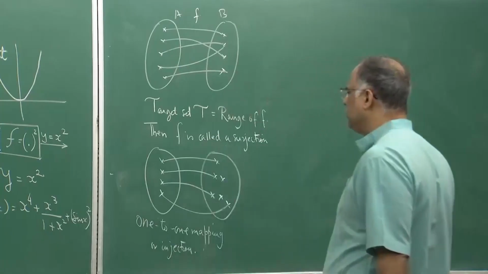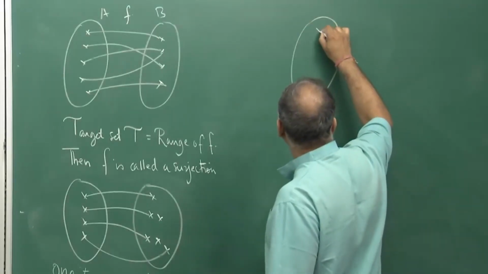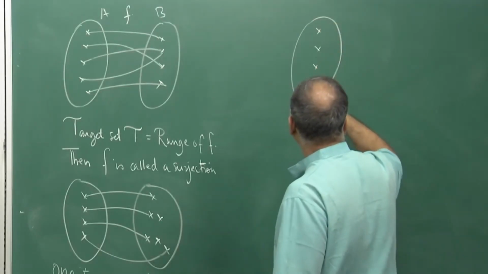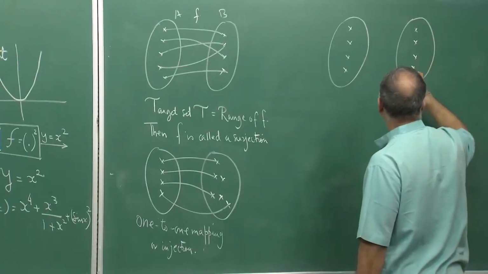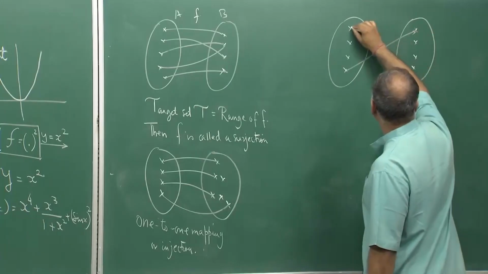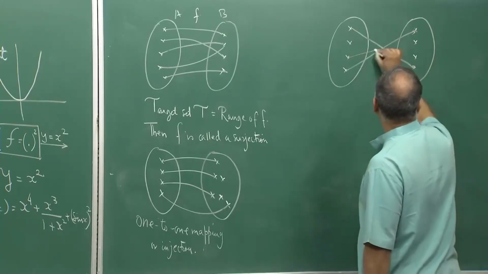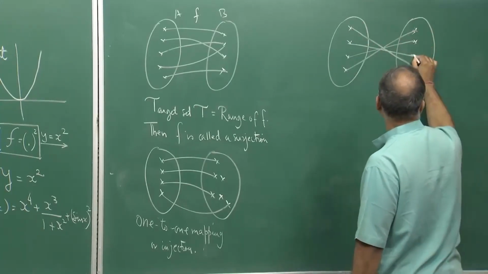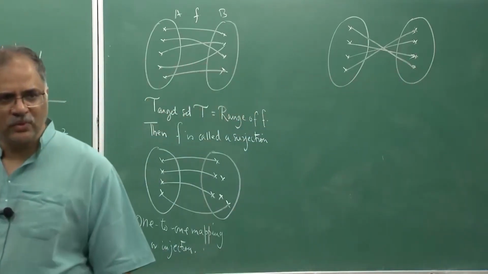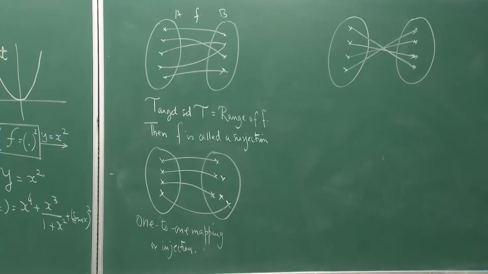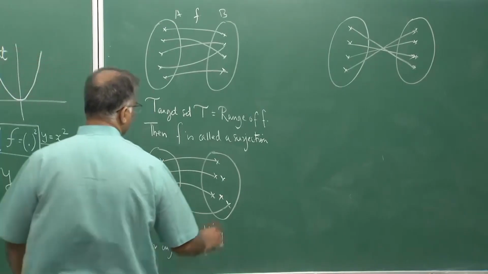Similarly, suppose I have this. So, here it is a one-to-one mapping as well as an onto mapping, a surjection. Surjection is called onto also.